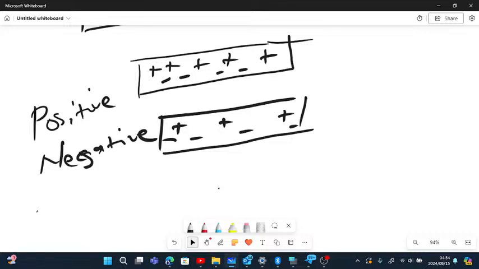So now we have to try and create either an excess of protons, the positive charge, or an excess of the negative charge, so that we can have the introduction of Coulomb's law.